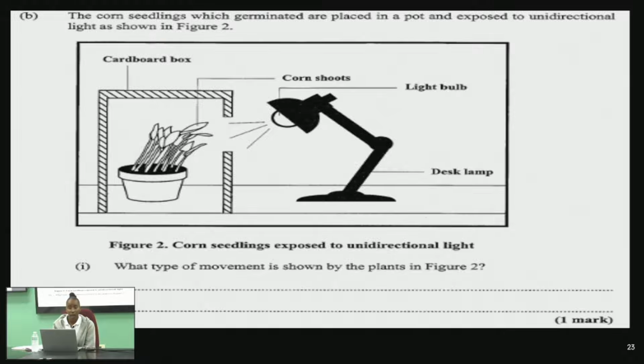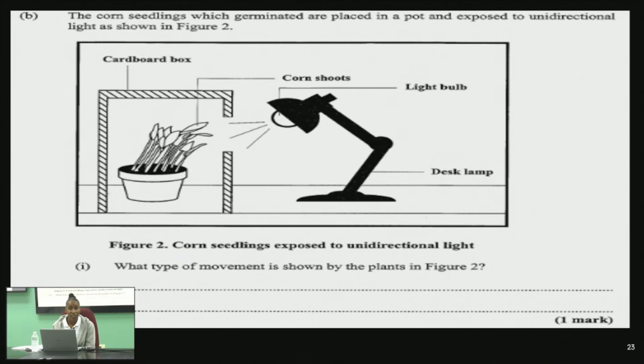The next question says, state a hypothesis that the students could test by using the apparatus and materials shown in figure 2. Now I'm going to go back to figure 2, where we saw the apparatus and materials that were set up. Now, we know that our hypothesis is supposed to essentially be an educated guess based on the information or the knowledge that we would have had.